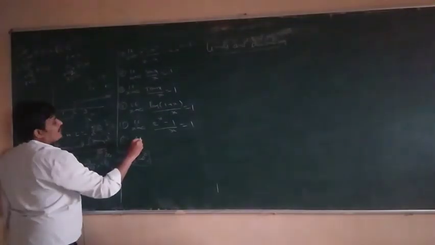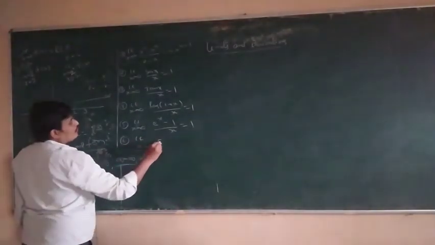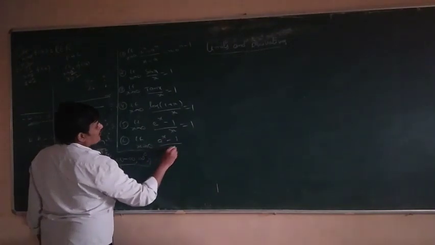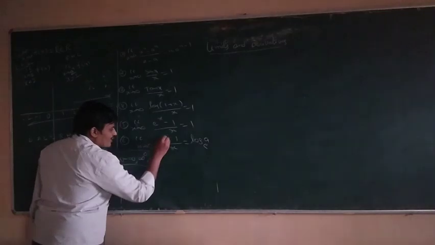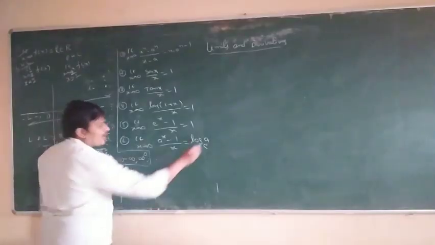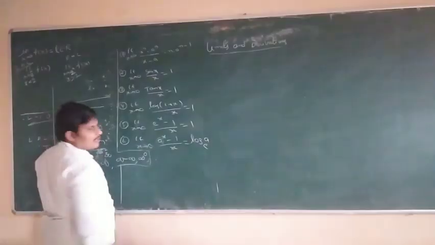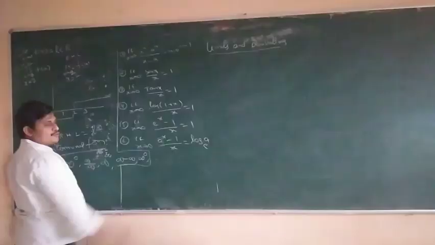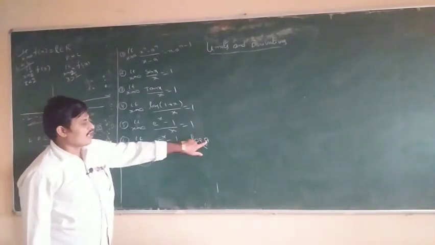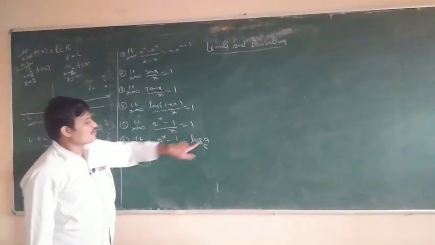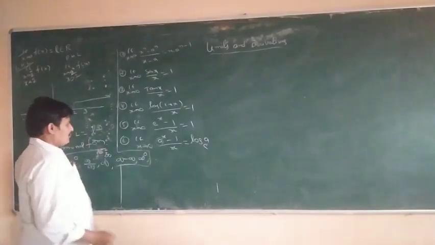Limit x tends to 0 a power x minus 1 by x is equal to log a. 2 power x minus 1 by x is equal to log 2. The formula depends on the base: a means log a. 10 power x minus 1 by x is equal to log 10.